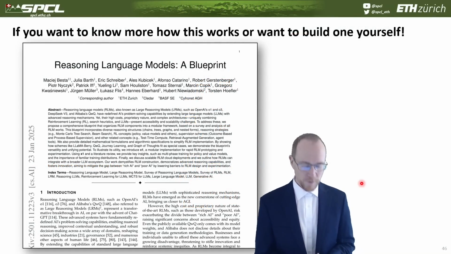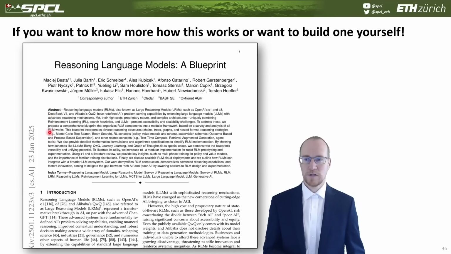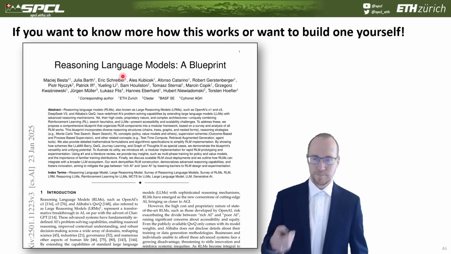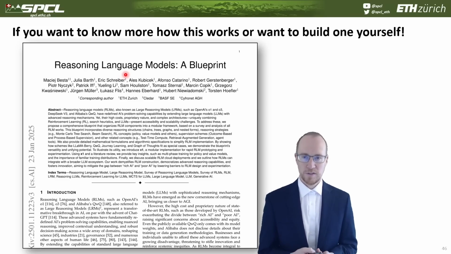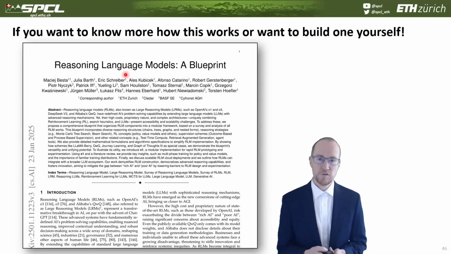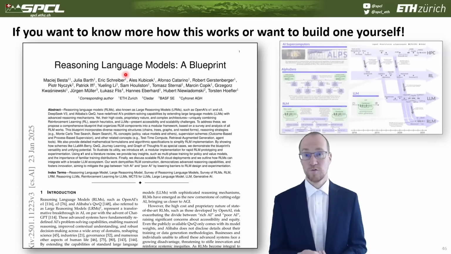So now, if you wonder how this all works from a technical perspective, we've just published a paper on the 23rd of January, led by Maciej Besta, Julia Barth, and Eric Schreiber, and many other people in my group and collaborators, that talks about how reasoning language models are actually coming to play. So how you would train reasoning language models. And it's kind of serving as a blueprint to design these systems towards the future and enable more research into this direction.